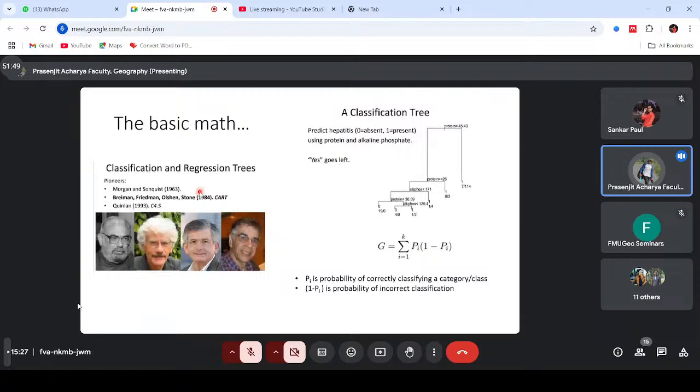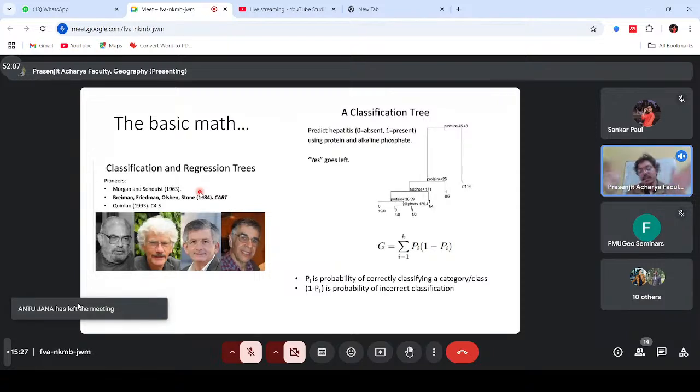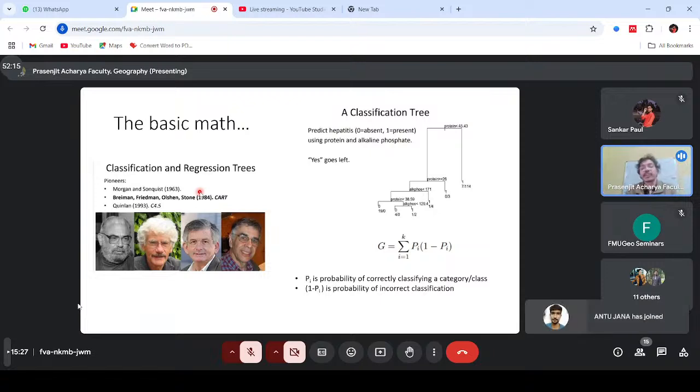So, as I pointed out before, this is a sort of recursive partitioning of the input vector space. When I'm saying the input vector space, you can imagine that there are a lot of variables, and a handful of variables make up the input vector space. A combination of different variables makes up the input vector space.